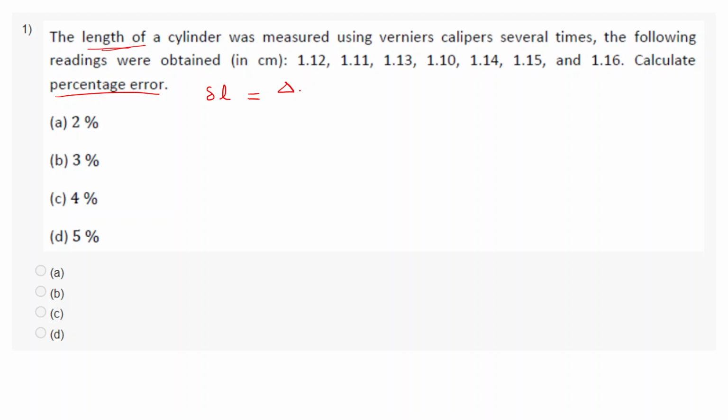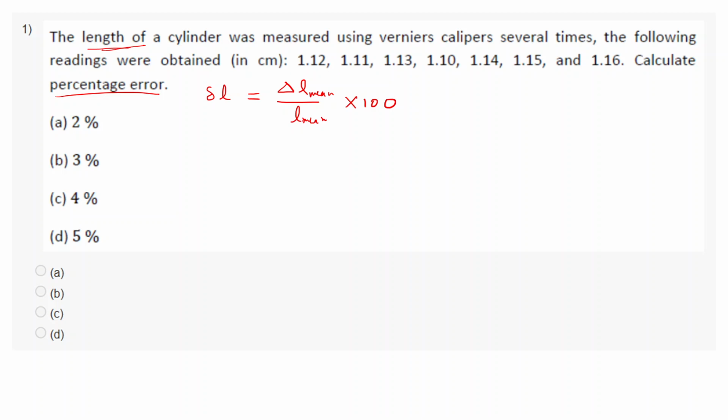the relative error, that is, we'll take the mean of the absolute errors and take its ratio with the mean length. This mean also means average, right? We'll take the average of all the absolute errors and the average of all these lengths, and when its ratio is multiplied by 100 we get the percentage error.